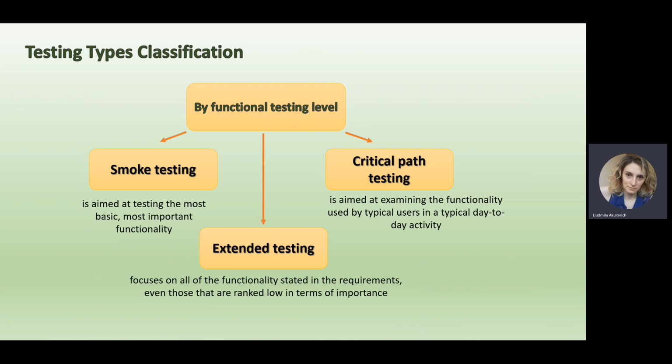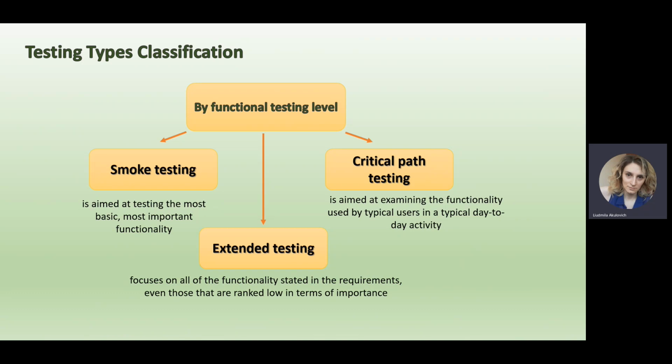And we've got two more classifications, by levels. The first classification is by functional testing level. It means that in this classification, we will look at testing from the position of the importance of the features under test: smoke testing, critical path testing, and extended testing. If we are talking about smoke testing, it focuses on the most basic, most important, most crucial features.